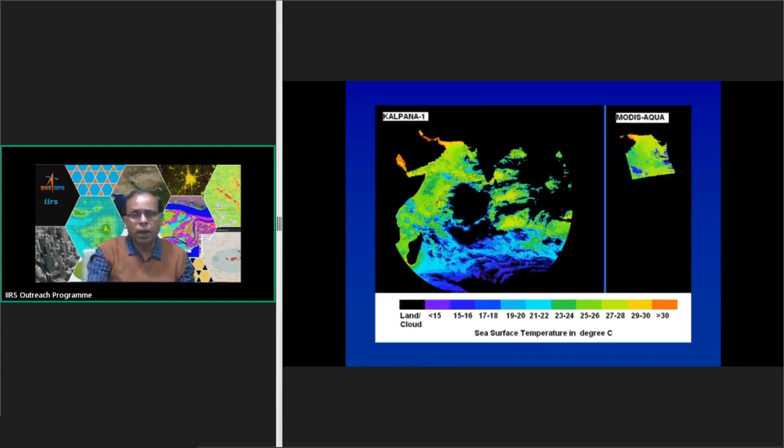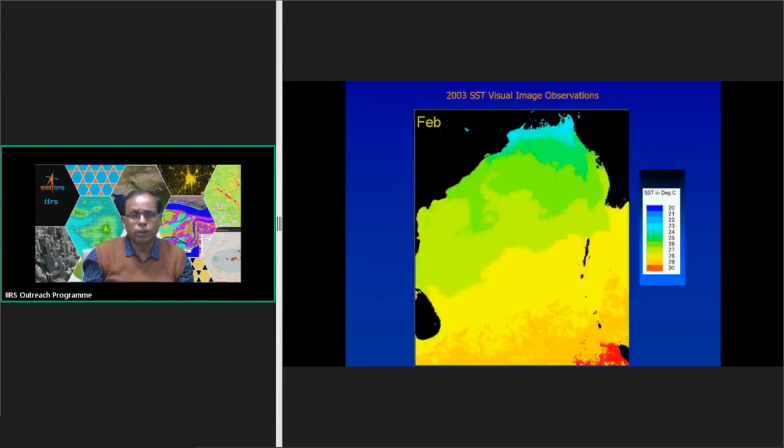And this is the Kalpana data of the afternoon pass, and this is the MODIS Aqua 1:30 pass, and they are also matching nicely. So we have different ocean color and thermal sensors, starting from NOAA AVHRR, MODIS, and some geostationary satellite data. So this data can be used to study the marine environment.